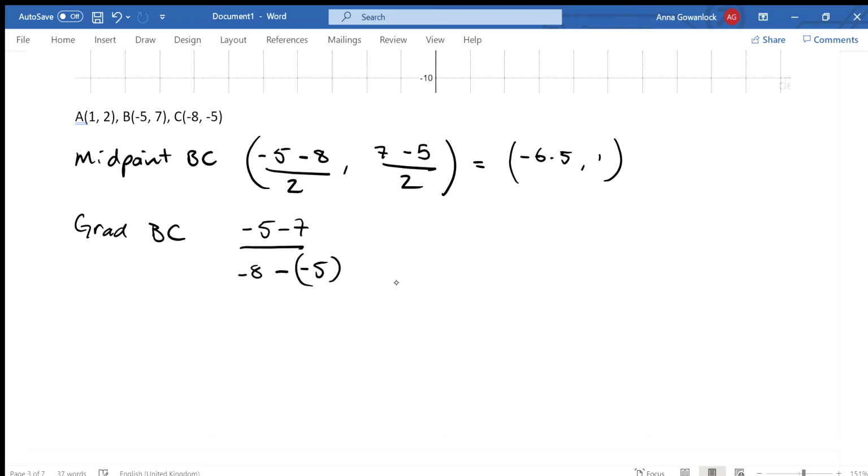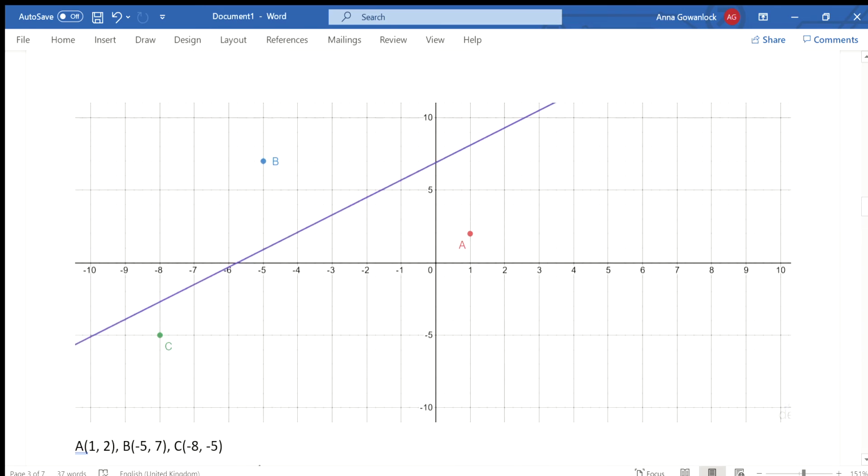This comes out at -12 over -3. So that gives you a gradient of 4. So the gradient of the perpendicular bisector, double negative, so we're going to flip it and we're going to multiply it by -1. So it's minus a quarter, and it's going through the point minus 6.5, comma 1.